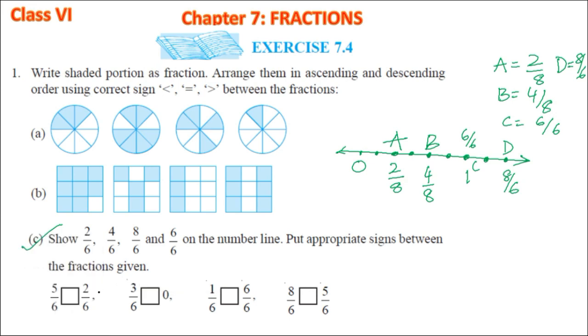So this number 5 is greater than 2. 3 by 6 and 0. 0 is same as 0 by 6. So 3 is greater. 1 by 6 and 6 by 6. 1 by 6 will be smaller.